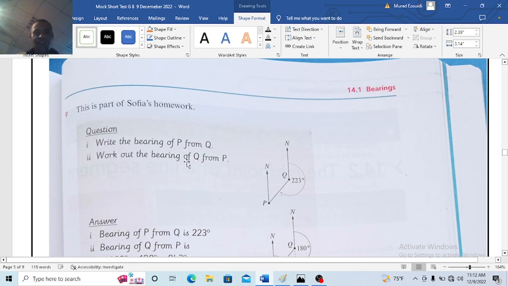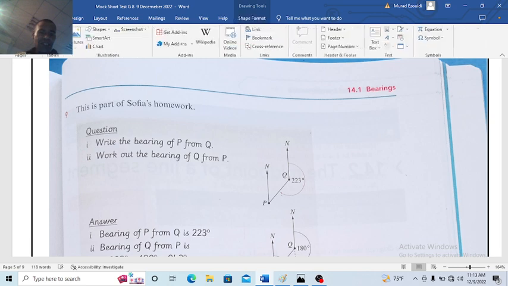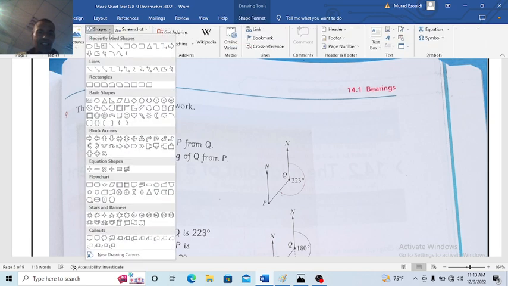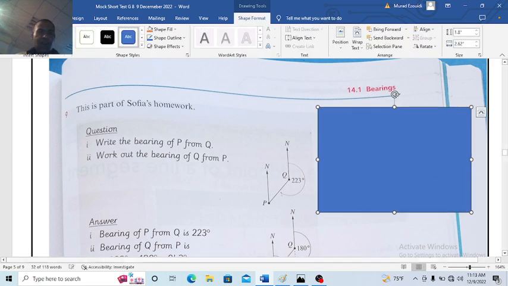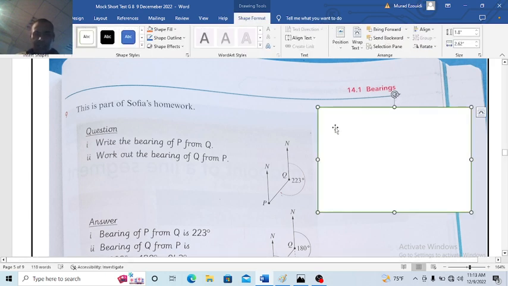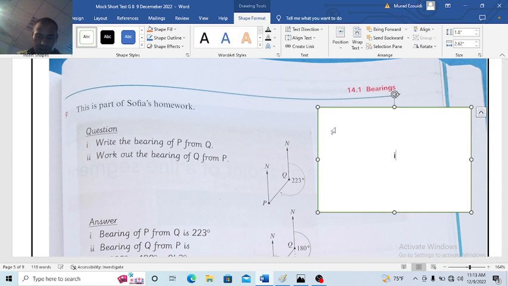Now to find the bearing of Q from P, which is in fact 223 minus 180. So here I will just write like that. I'll make the bearing small a first.